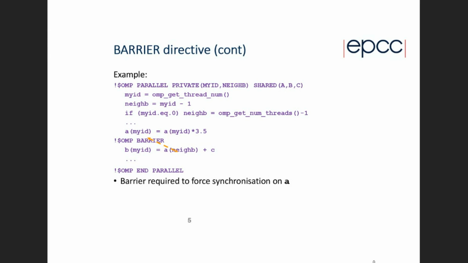Any other questions about that? What is the my ID equals 0 syntax? Okay, this is Fortran. So this is just if, fairly old-fashioned Fortran, or just for an equality test.